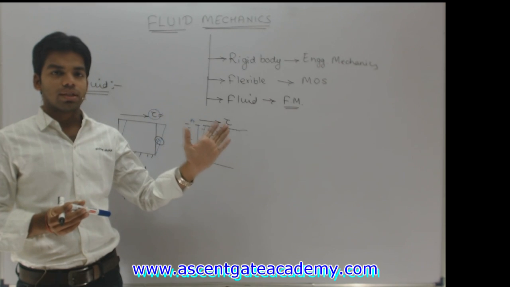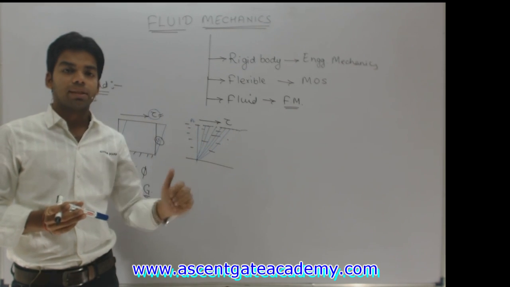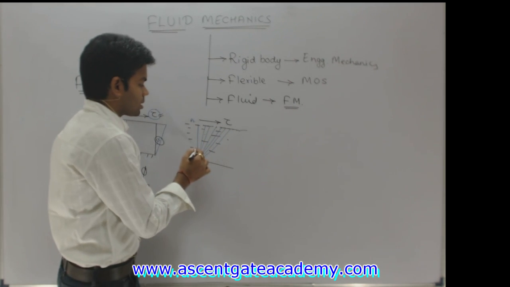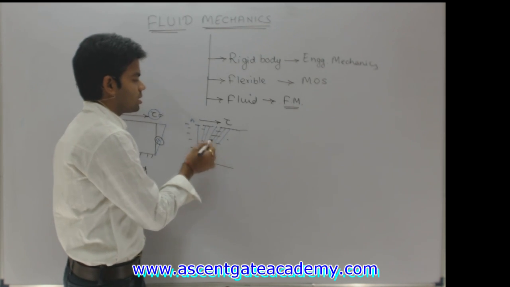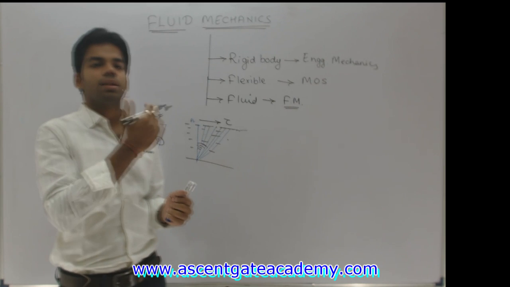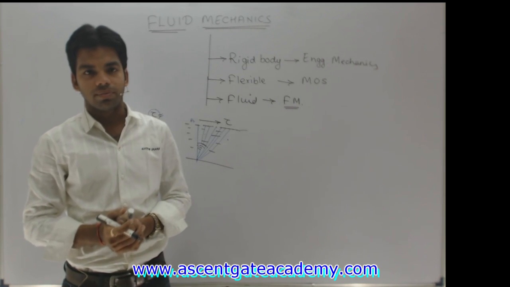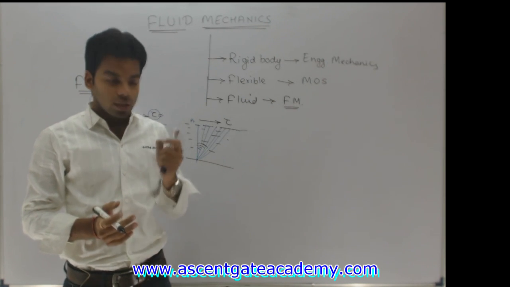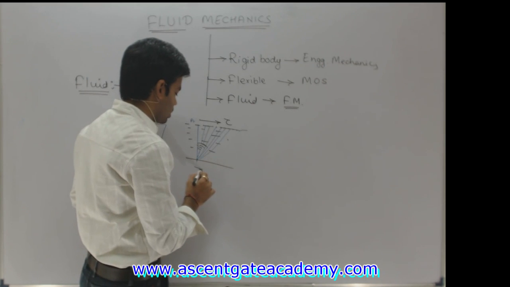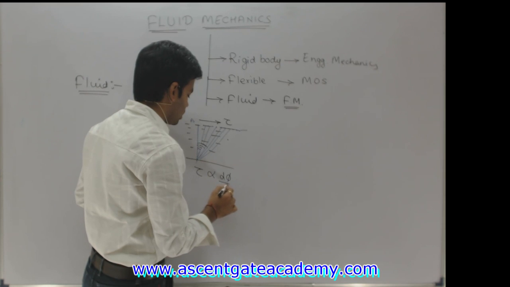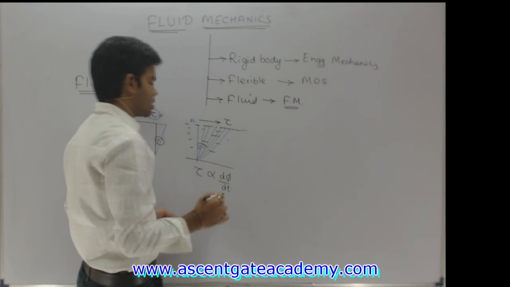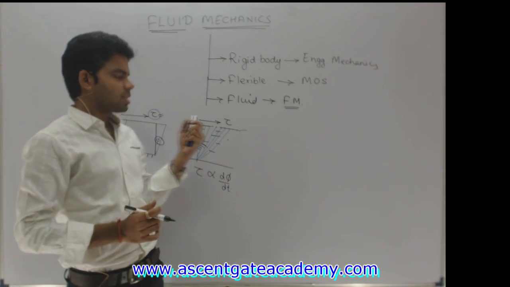But this is not the case in the liquid. What will happen in the liquid? In liquid, this angle phi, what we call shear strain, is continuously changing because the element is continuously changing its position. So in liquid, the shear stress is directly proportional to the rate of shear strain, not just the shear strain, because the shear strain is continuously changing.